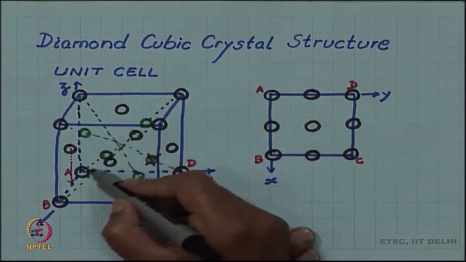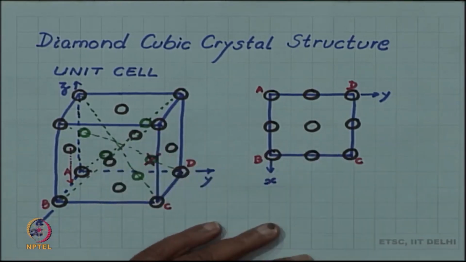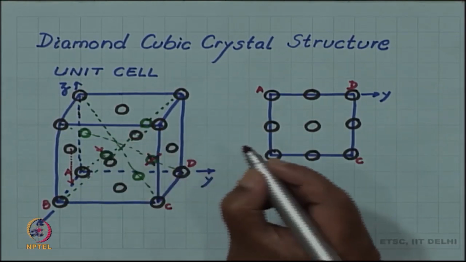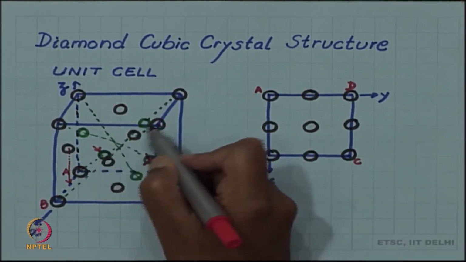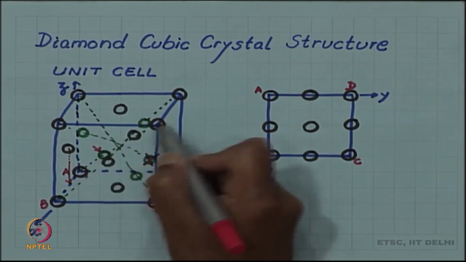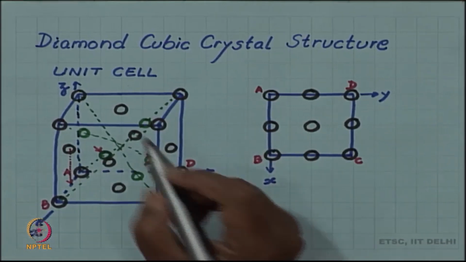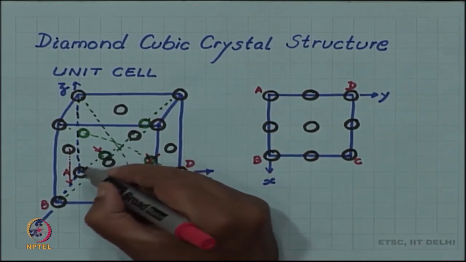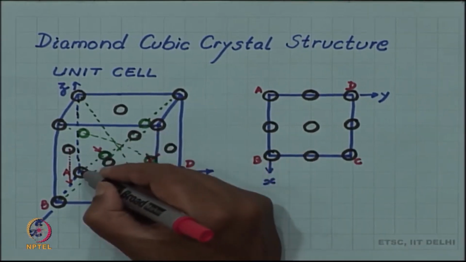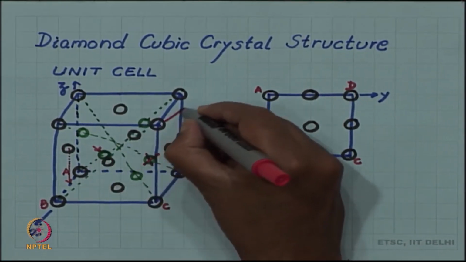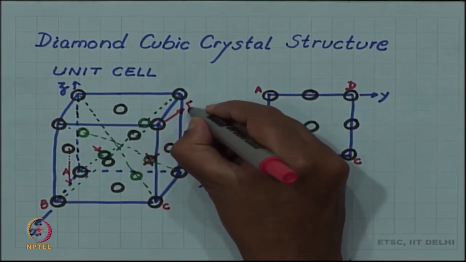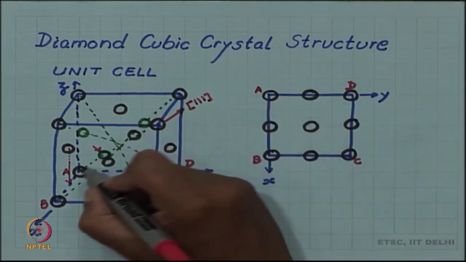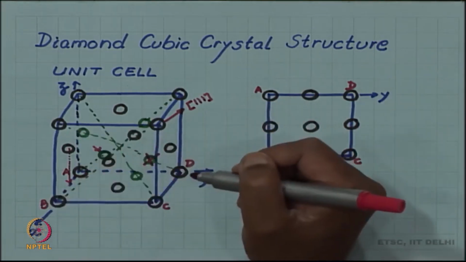Now, let us look at the body diagonal ones. So, this particular atom, this particular body diagonal one, is located at 1/4 of this body diagonal starting from A. So, what are its coordinates? Since it is 1/4 of the body diagonal, and the body diagonal direction, if you find the Miller indices, is a 1 1 1 direction, it is equally inclined to all the 3 axes.